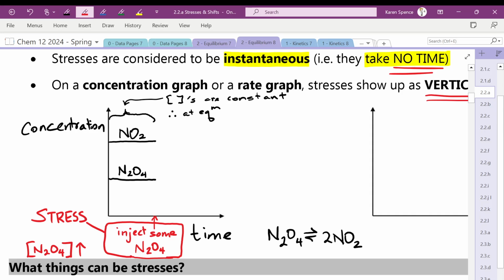So how would I draw that on here? I would draw a vertical line for who? The N2O4. Okay? So that right there is our stress.